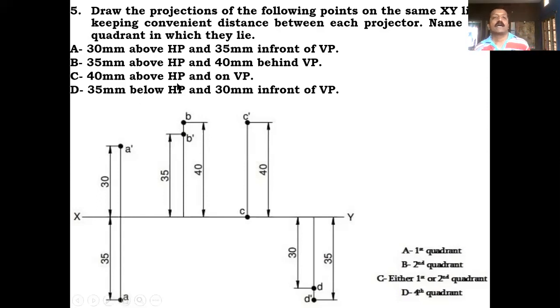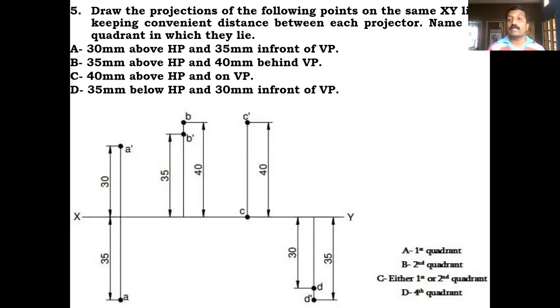Now he says point C on VP. On VP means it's top view information. When it is placed on the vertical plane, when you see from the top, it looks on the XY line only. So you draw a vertical projector from C dash till it meets the XY line. Wherever it meets the XY line, you call that one more point, C. So the top view you are going to get on the XY line.